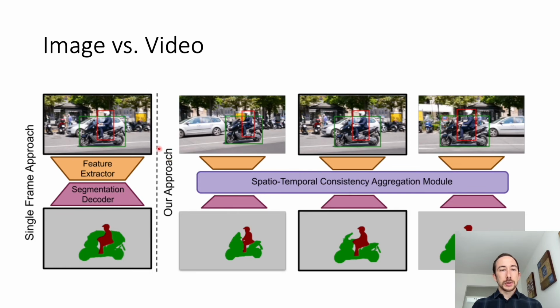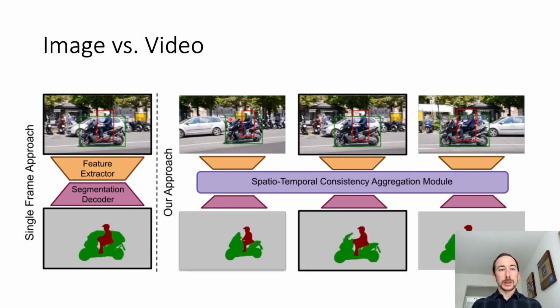However, in our approach, we want to be able to utilize video, and note that if we have video, we can also exploit temporal cues. So for instance, this object is actually moving, right? So the background within the bounding box changes across frames. This means that we can look for consistency.